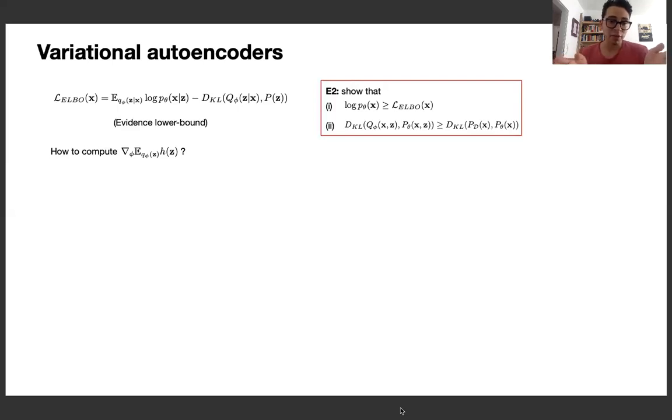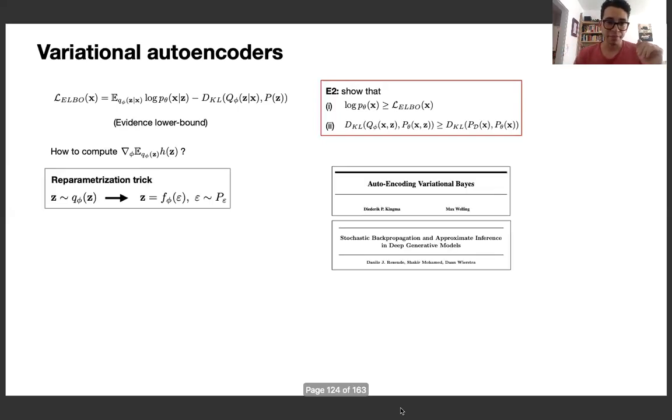We actually ran into this problem before for the GANs. We also had to compute gradients over expectation values of functions, and we didn't talk about that then, but what we're going to say here now also applies in that case.